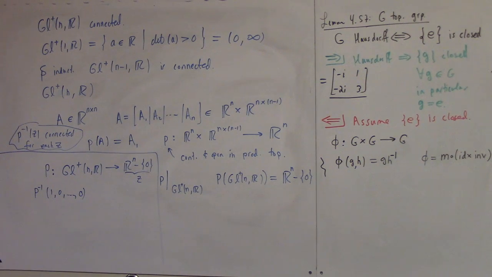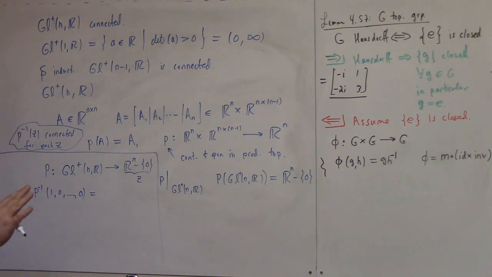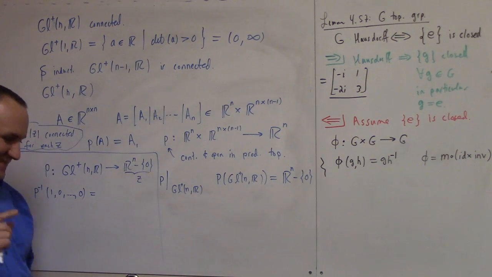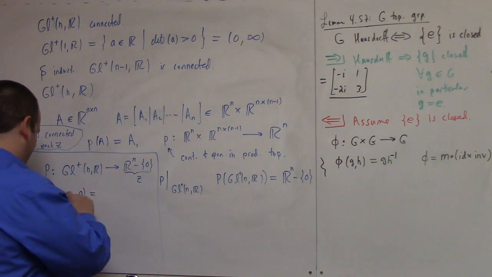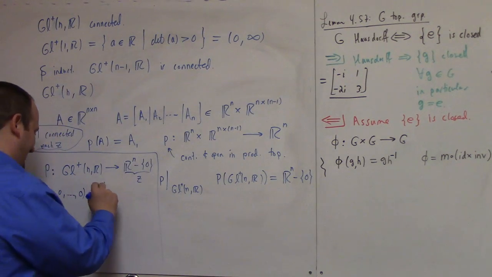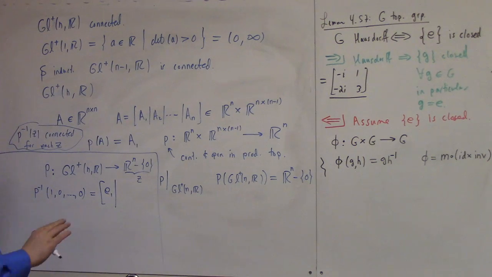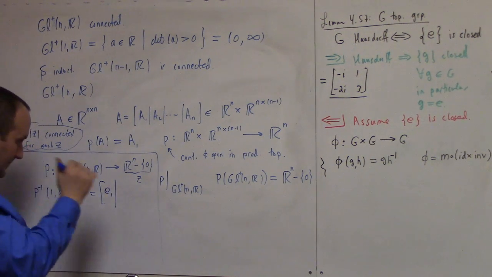What is that? That is the product. It's very, very pretty. You're looking at the first column, which is E1, and then stuff over here.